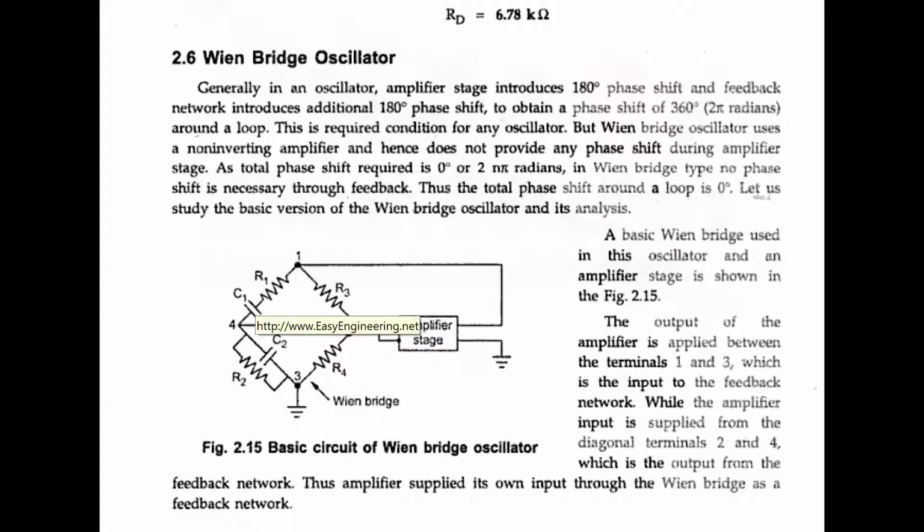The impedance offered by a capacitor is 1 by j omega C, or 1 by j into 2 pi f C, since 2 pi f is omega.